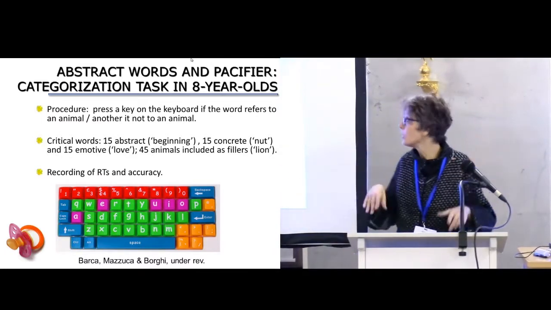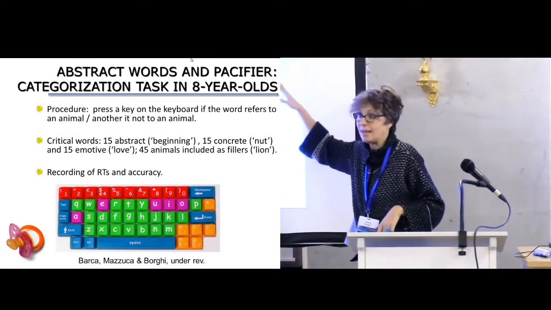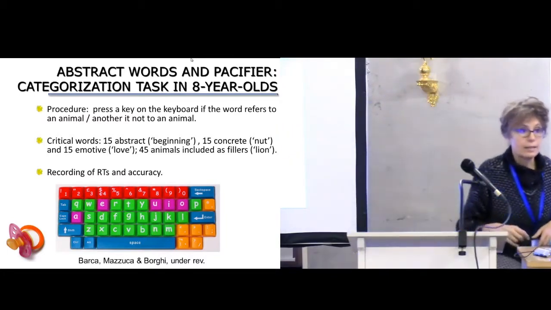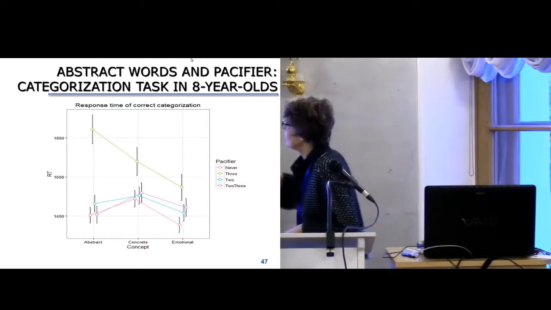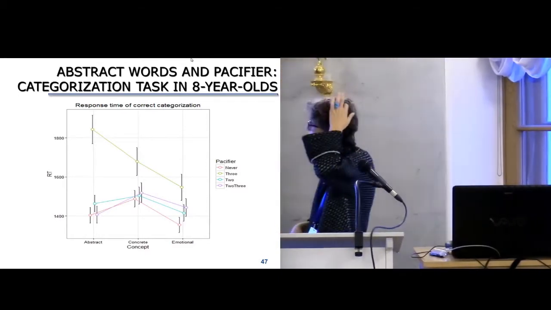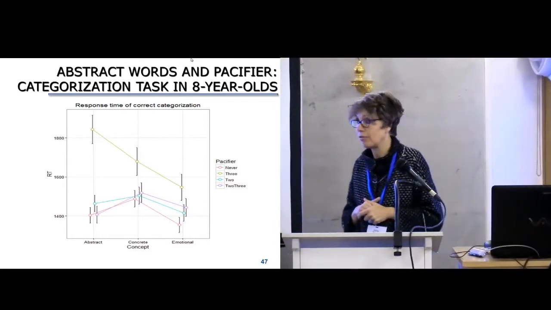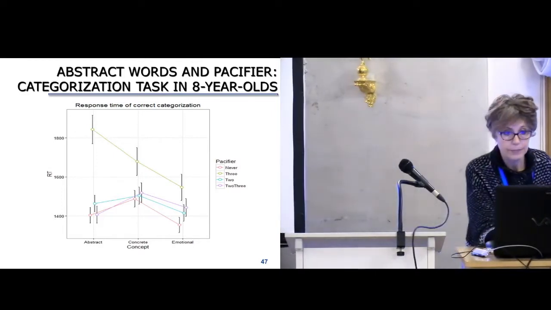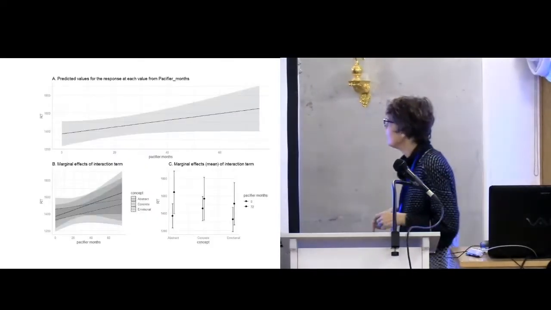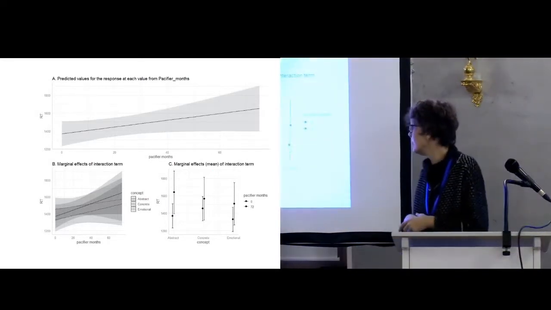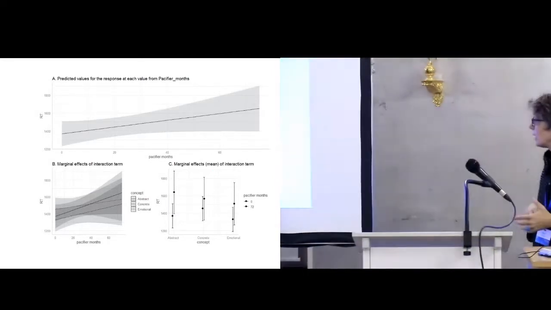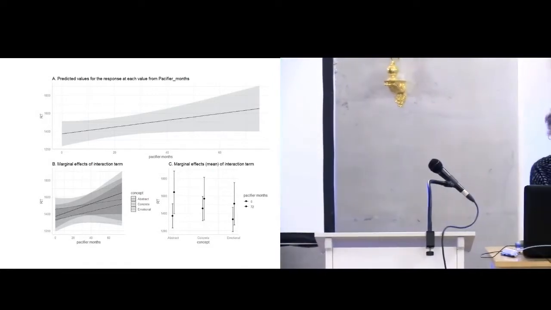The non-animals were abstract, concrete, and emotive words. We recorded response times and accuracy. Here you can see children who used the pacifier longer than 3 years. The more children used the pacifier, the more there was a divergence between abstract and concrete concepts.